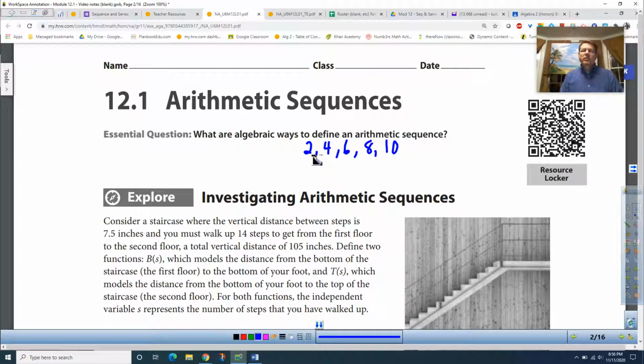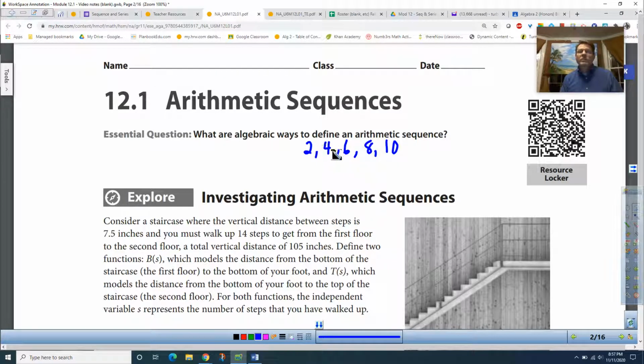So I just take 2 and add 2 more and add 2 more and add 2 more and add 2 more. So that's an addition pattern. And if I do 4 minus 2, I get 2, 6 minus 4 is 2, 8 minus 6 is 2, 10 minus 8 is 2. So that's an arithmetic sequence, and it's a sequence because it has commas.